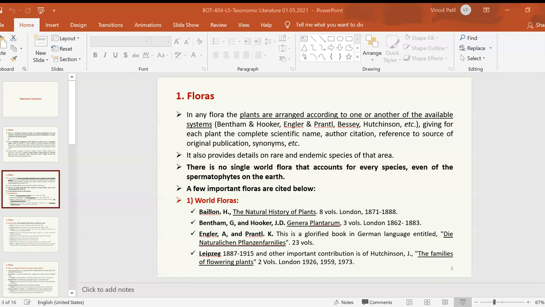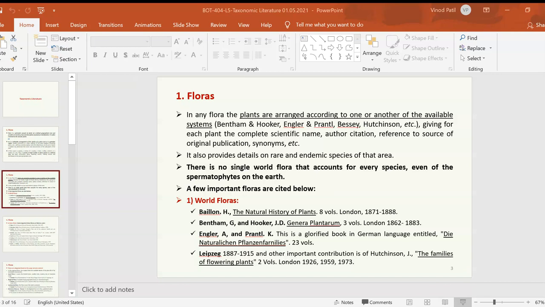Certain people are habituated to use the Engler and Prantl system, Bessey's or Hutchinson's too. So the flora is generally arranged according to one of the available systems of classification, giving for each plant the complete scientific name, the author citation, reference to the source of original publication, synonyms, etc. And it also provides details on rare and endemic species of that area too.